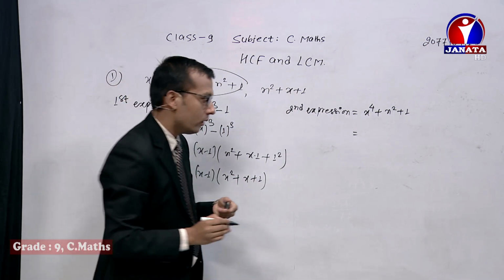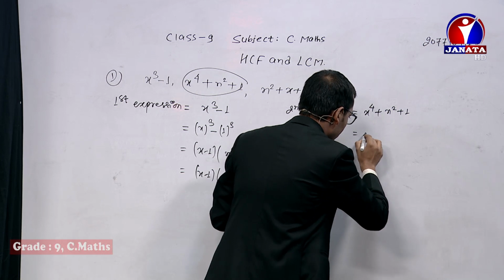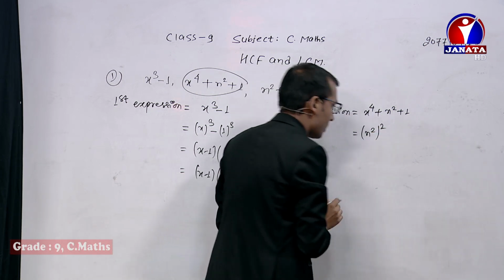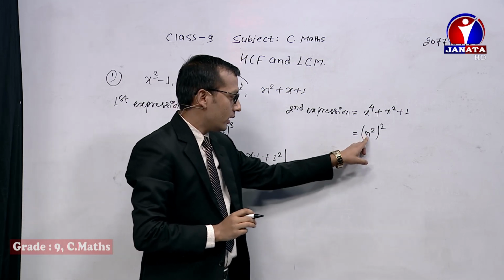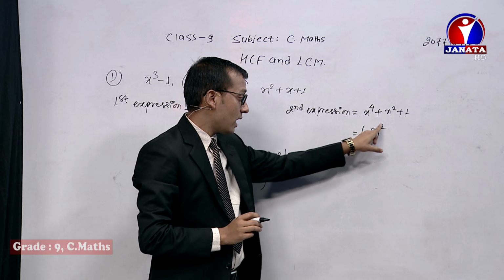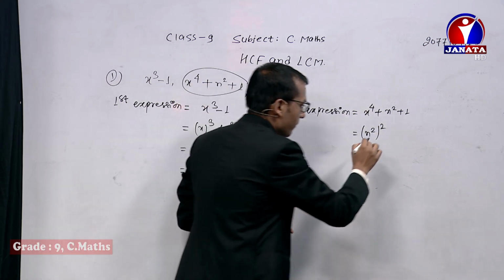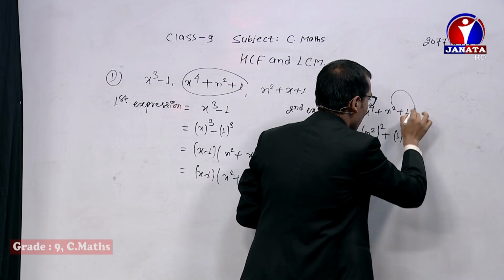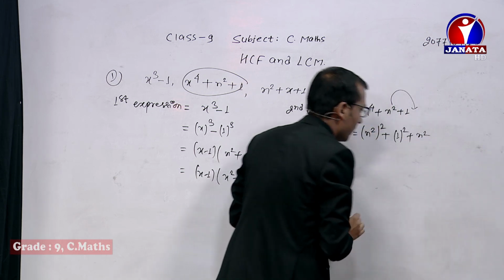rearrange the terms here, the first term and third term, and transform it like this. x square whole squared is x to the power 2, and its whole power 2 is 2 times 2 is 4, plus we can rewrite 1 as 1 square, plus the middle term x square, so I am writing it in the third term.